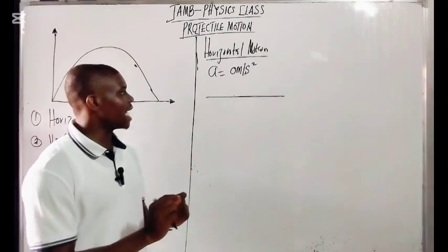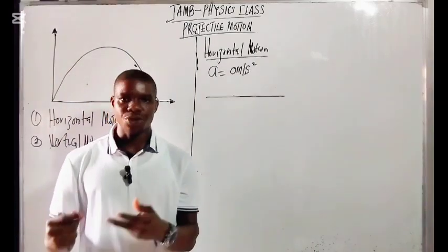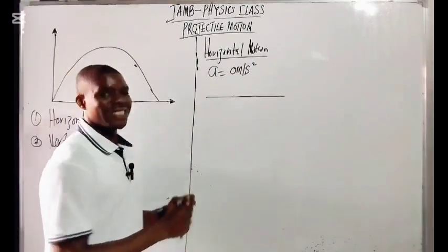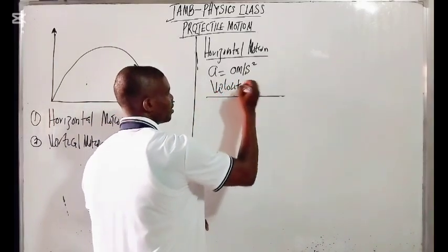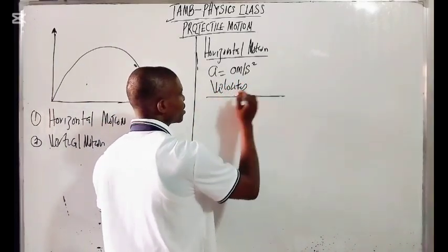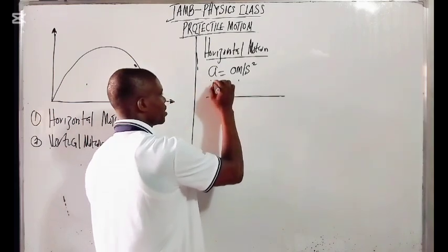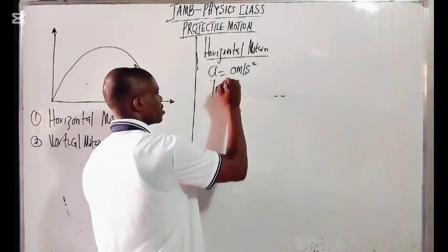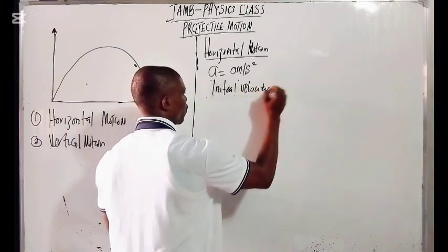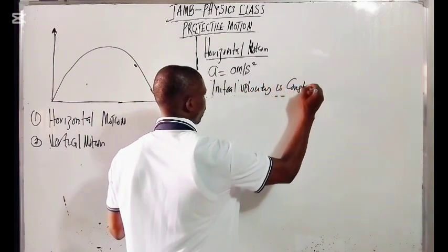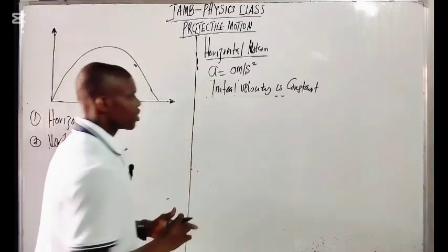And if a is equal to 0 meter per second square, then my velocity is constant. The initial velocity is constant.